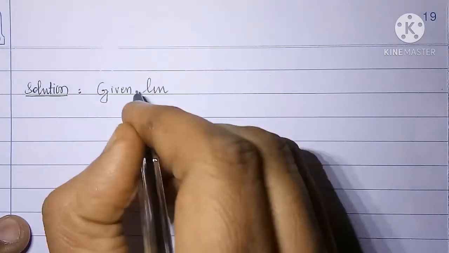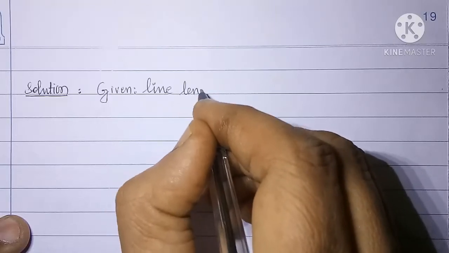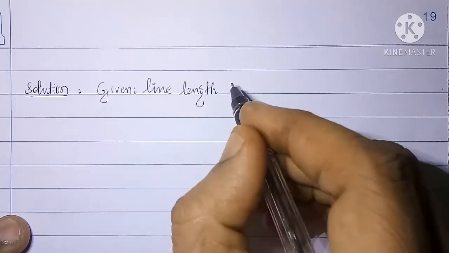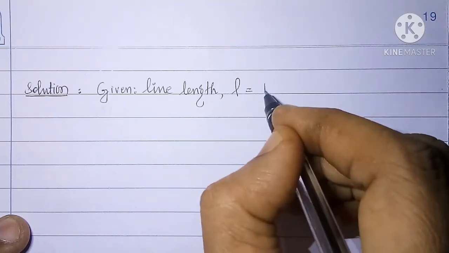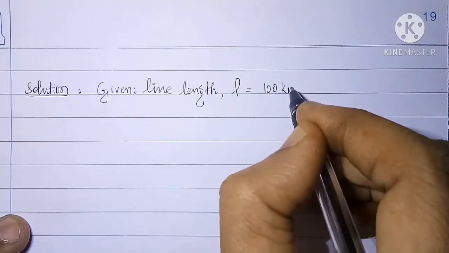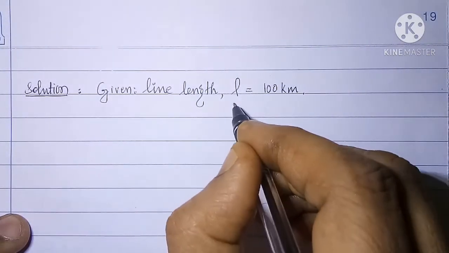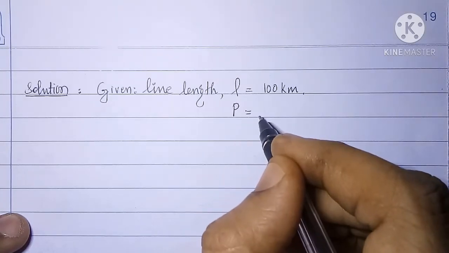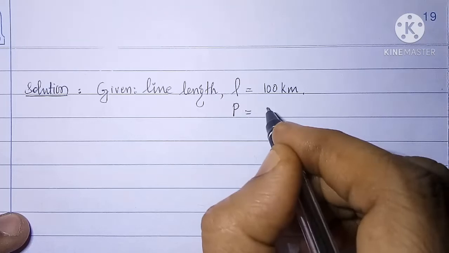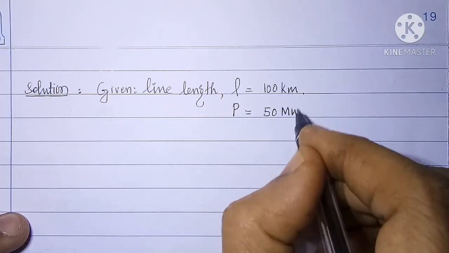Given: line length L equal to 100 kilometer. Power delivered to the load, that is at receiving end, capital P is equal to 50 megawatt.